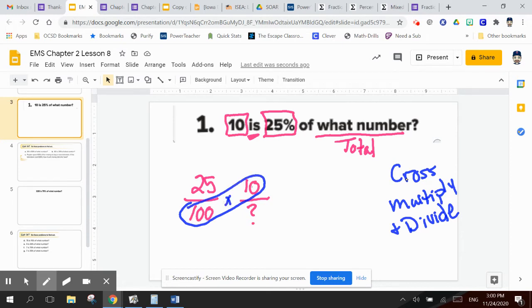So I have 100 times 10, which is 1,000. Then I'm going to divide that by the only number that I have left, which happens to be 25. And when I take my calculator and divide 1,000 by 25, I get the answer of 40.